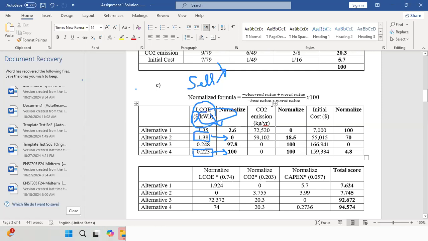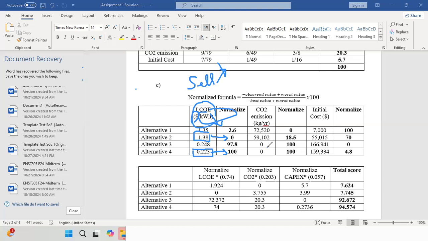Now, for CO2 emission, of course, CO2 emissions are bad for the environment. They cause global warming, they cause health effects. So we need to minimize them. Here we can consider that the best option will be characterized by the smallest emission.